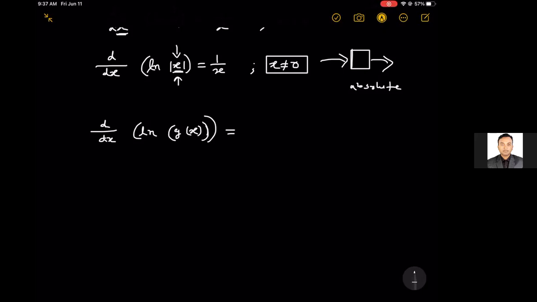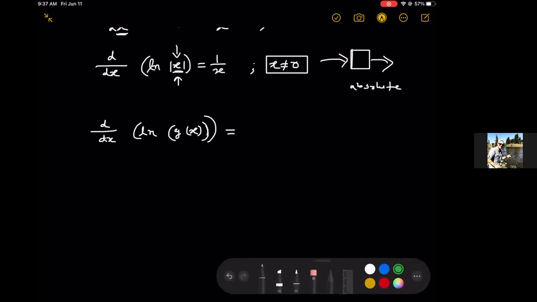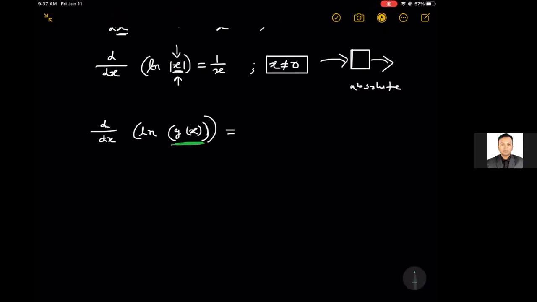So let's do it this way. For natural log of anything, what's the derivative? Would it be 1 over g of x times g prime of x? And why? Because the derivative of the natural log of anything is 1 over that value, and then you multiply it by the derivative of g of x.